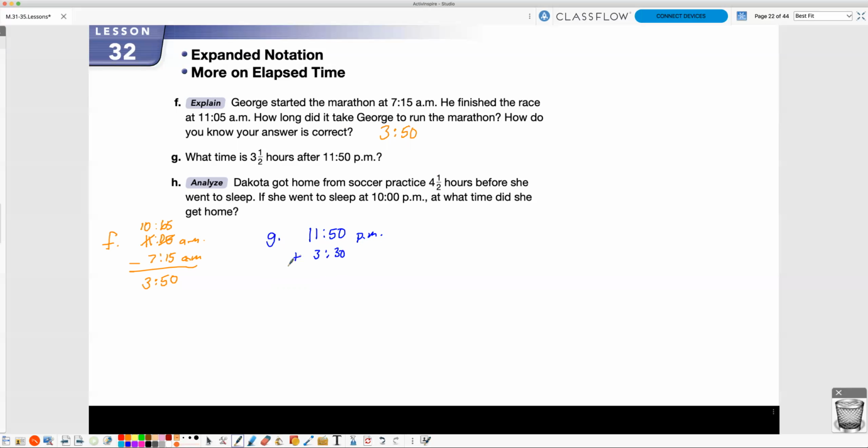If I was going to add those, I would have 80 here. If I go from 11, 12, I know I'm going to be at 1 a.m. and 80 minutes. So this is going to be labeled an AM because I crossed over the threshold.